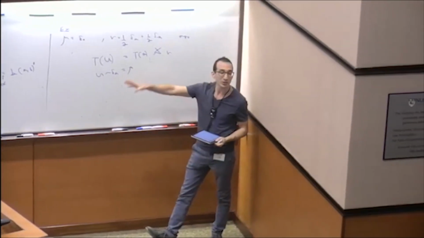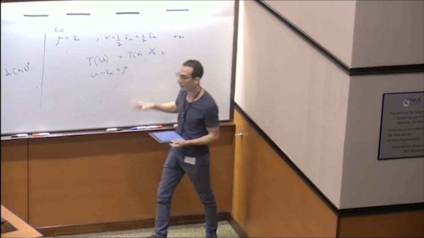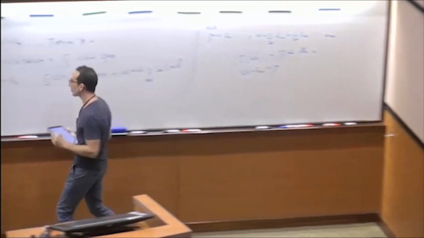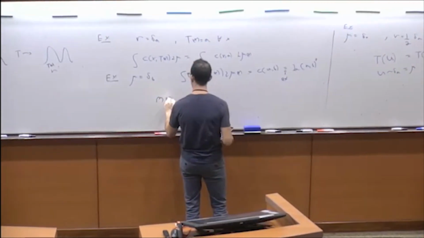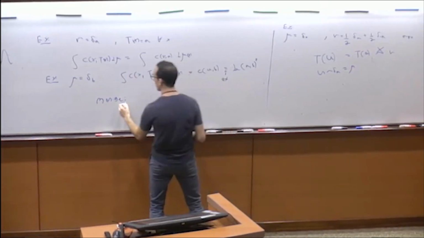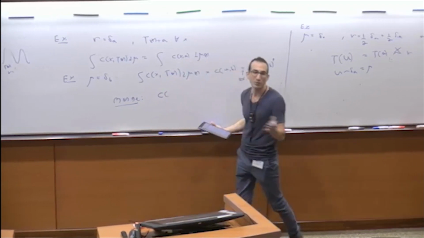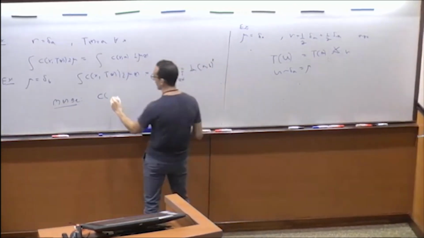And this is before even talking about the type of cost that you take. You can take whatever cost you want, and we're already in trouble. For a historical comment: what was the setting of Monge? What did he care about? He worked in R^n, probably R^2, to be fair.